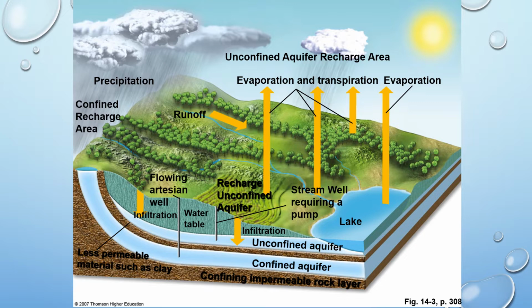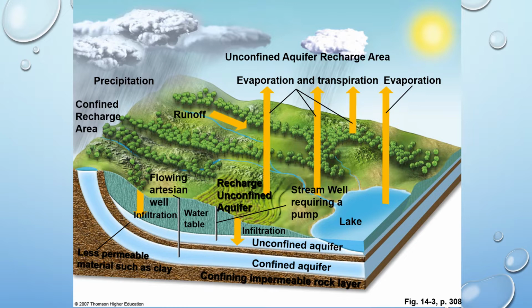Aquifers are underground caverns containing water. There's a couple of different types. Unconfined aquifers have permeable layers surrounding them, whereas confined aquifers are literally confined by impermeable rock layers above and below.